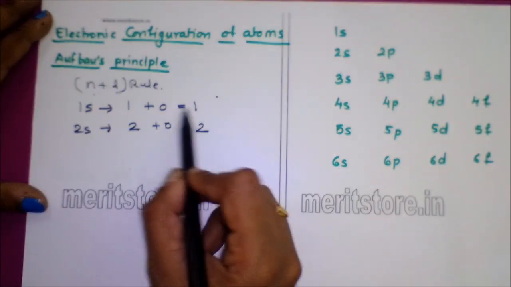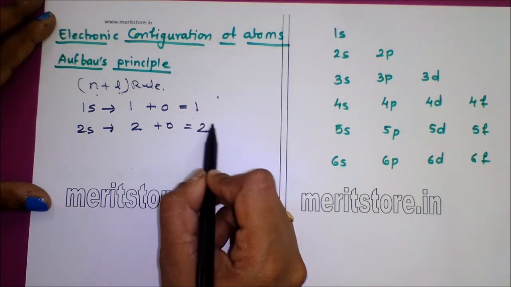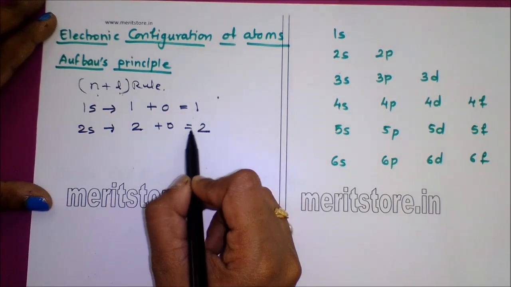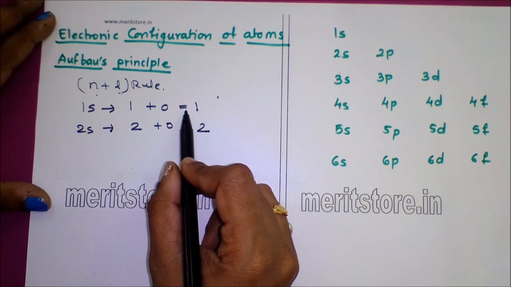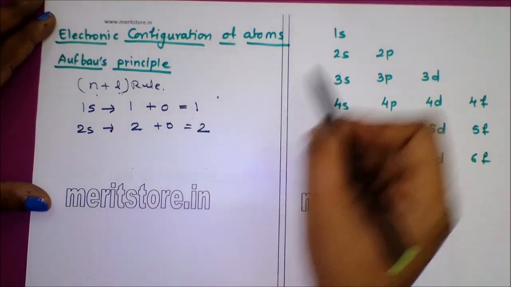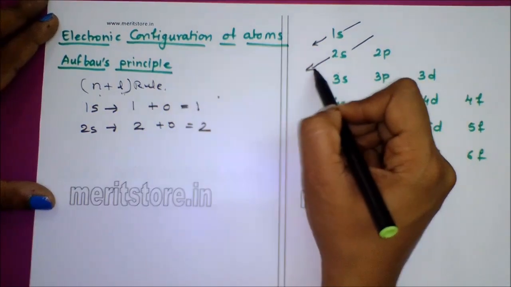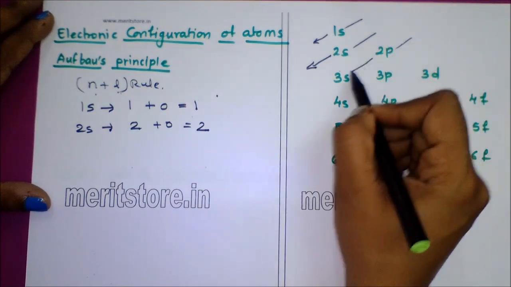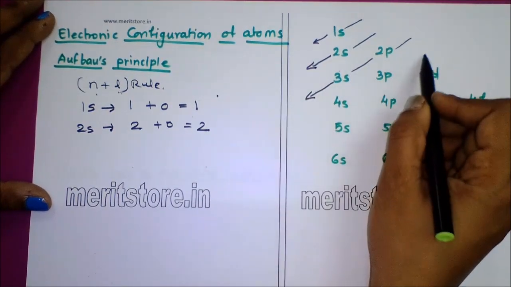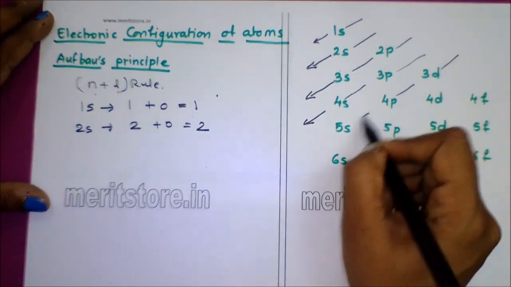So 1s has a low value of n plus L, while 2s has a higher value of n plus L. That indicates 1s has the lowest energy and then 2s. Because of this, we put the electron in 1s first and then the electron goes in 2s. Similarly, then it goes in 2p, then 3s, then 3p, then 4s, then 3d, then 4p.